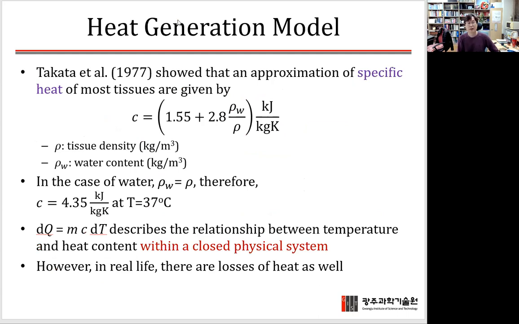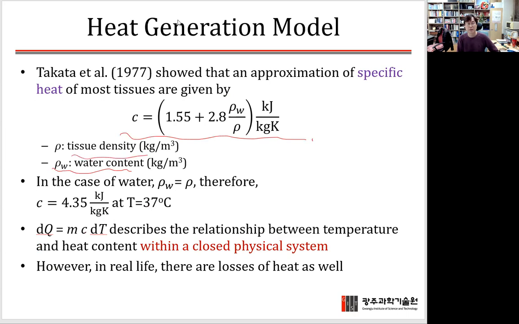Takata in 1977 showed that the specific heat of most tissues can be approximated by the following equation. Here rho sub W is the water content, which is the actual density, and rho is the tissue density.